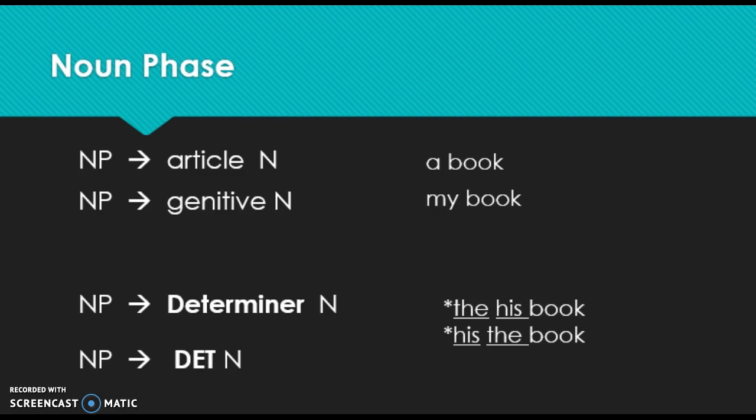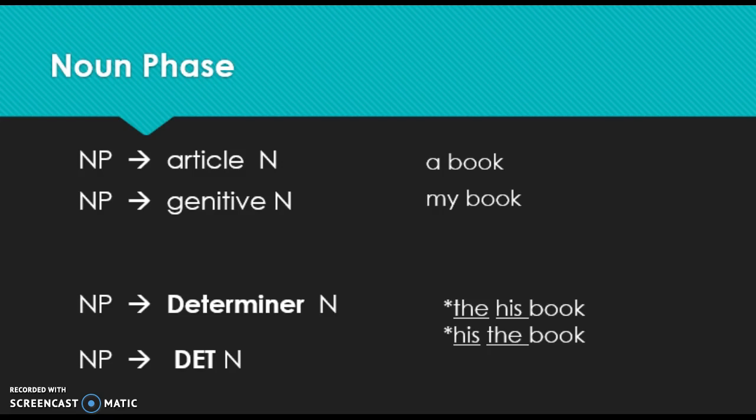And we'd like to say that the pattern is that there's this set of words, and we're going to call them determiners, and those can be abbreviated DET. And that seems to be the pattern of noun phrases. There are these little words that occur before a noun, and although there are subtypes like articles and genitives, they do pattern together.